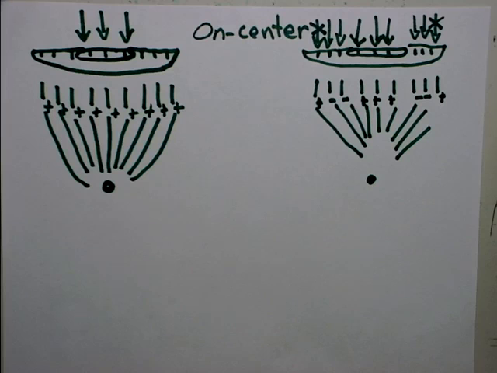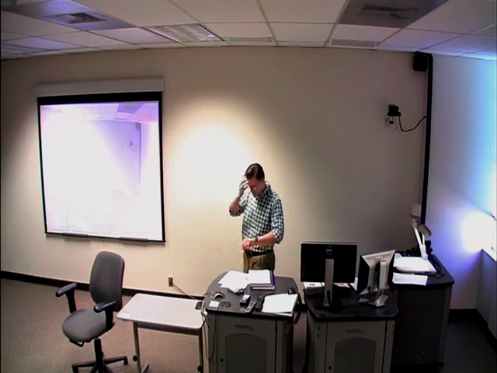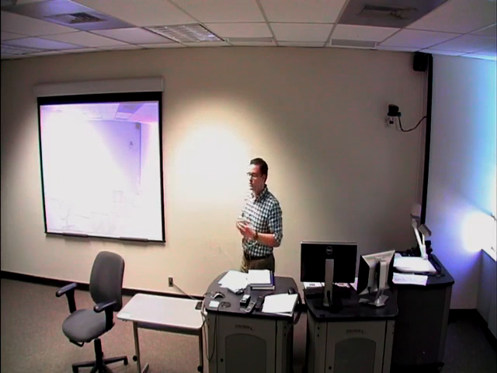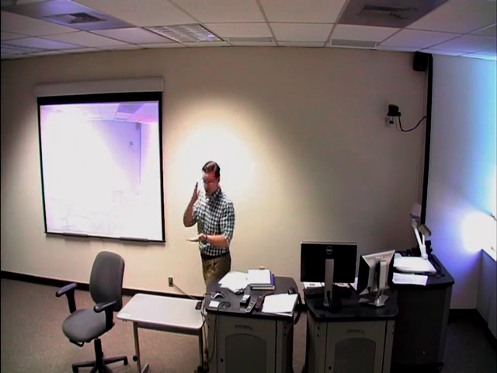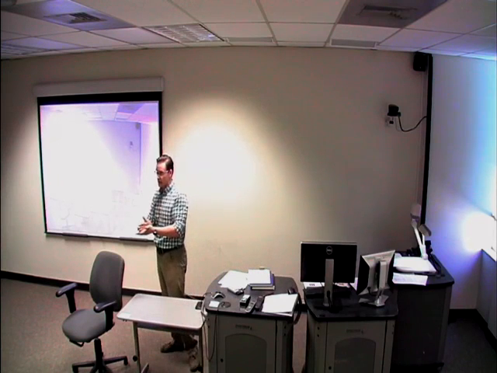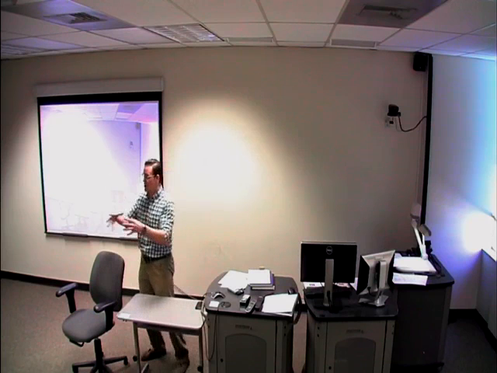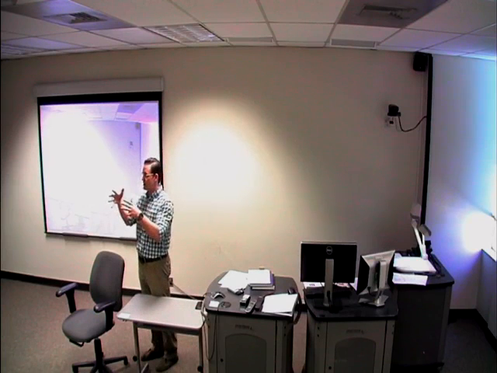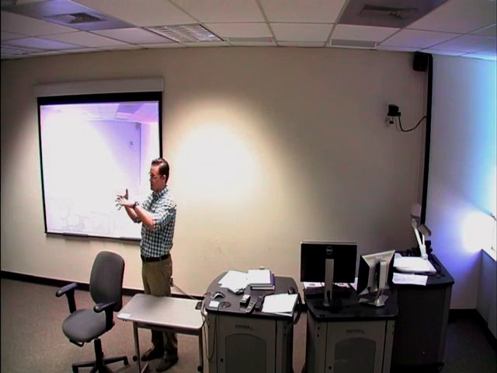Any questions about that? That's your receptive field. That is basically how it works in the ganglion. Everything that we just talked about works the same way in the thalamus, the only difference being that it's not bipolar cells coming in, it's ganglion cells coming in. Does that make sense?